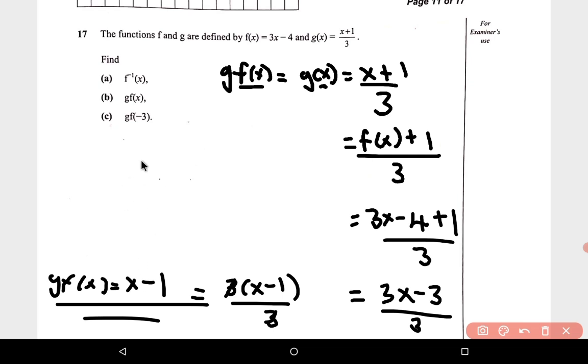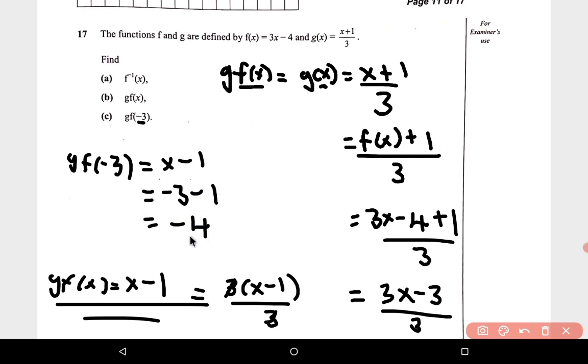Now to answer the last question, g of f of negative 3, you use what you found here, which is x minus 1. Replace the value for x with negative 3: negative 3 minus 1, and you get negative 4, and you're good to go. This was a very simple question. I think paper 1 for 2024 was very fair for everyone.